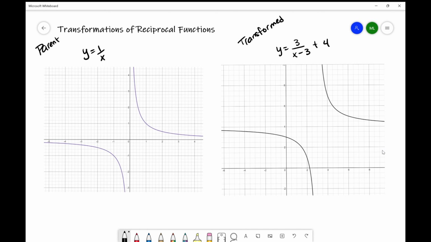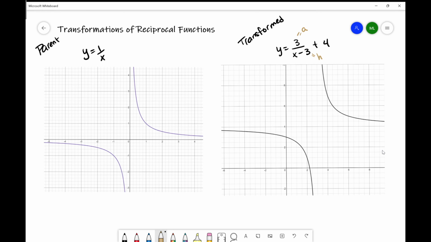But for our transformed function, you see that my a value, let's write that with a different color, is now 3. My h value is also 3. That's positive 3. It's x minus 3, but in fact h is 3 because the formula says x minus h, so h stays as it is.